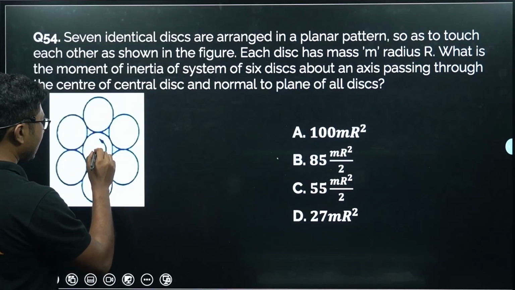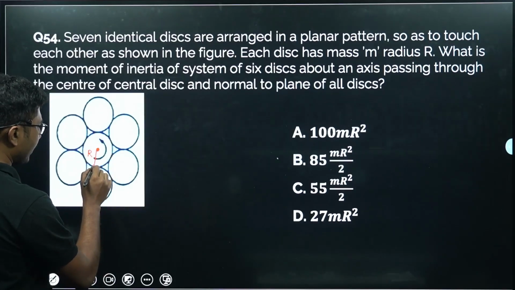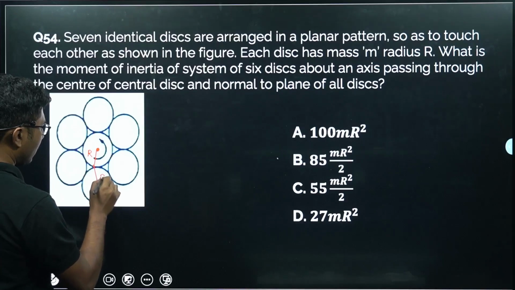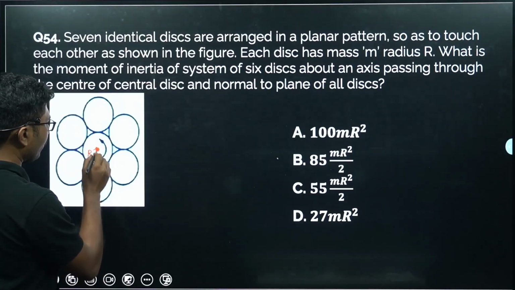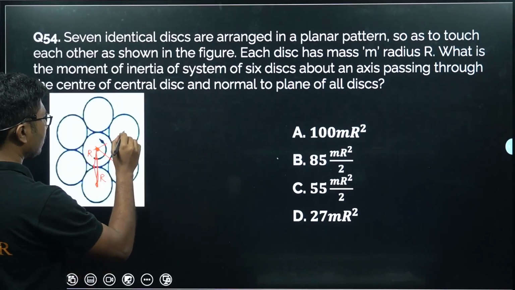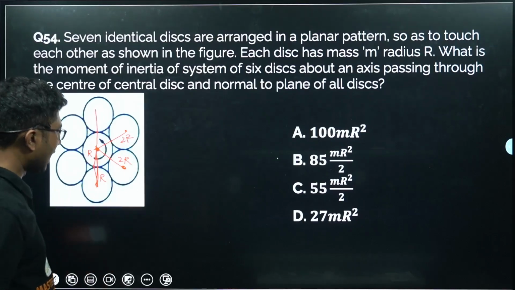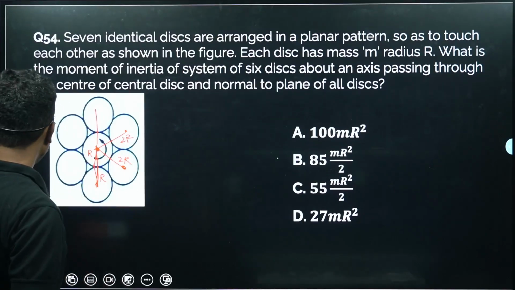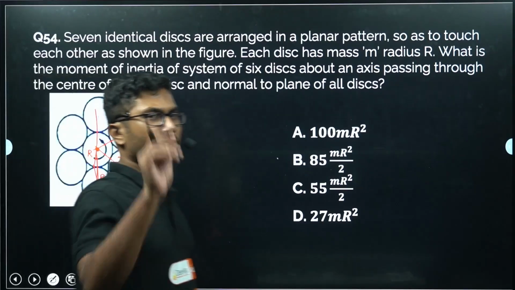Now if this is r, then from here to here will also be r, so this total distance will be 2r. So the distance between the centers of any two discs is basically 2r, right? This is also 2r. This will be very handy. Now, what is the moment of inertia of a single disc?